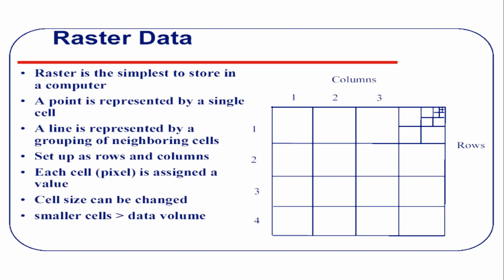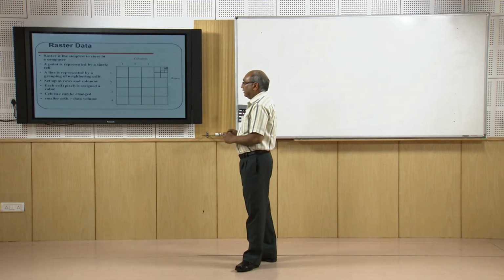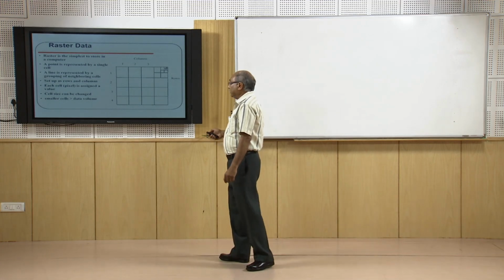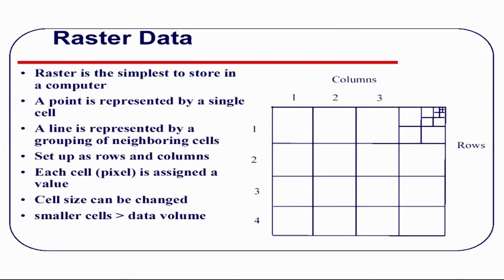Depending on the size of the cell, the resolution is decided. In this particular example, a cell has been further divided. Here you have the smallest unit, and it will have its own value.